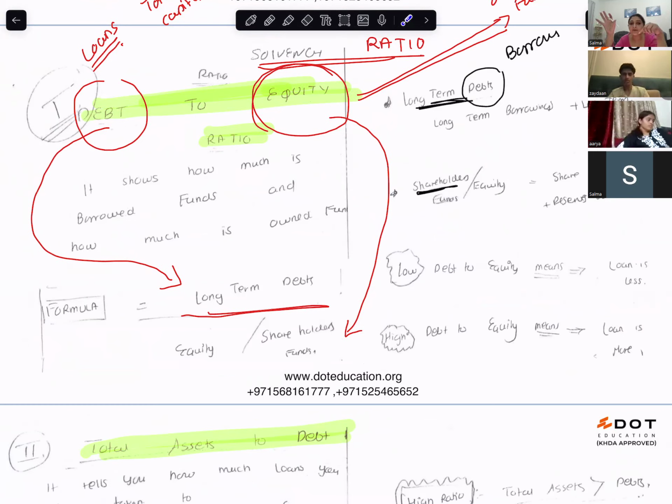Total debt upon total equity. Total debt means long-term borrowing plus long-term provisions. When I talk about equity, equity means own funds. Own funds means share capital plus reserves and surpluses.